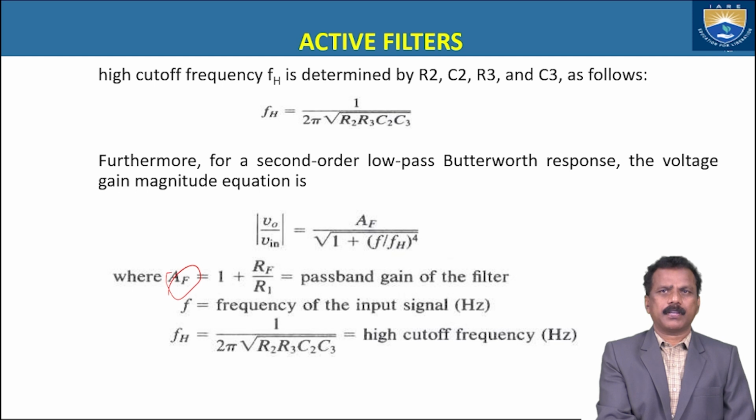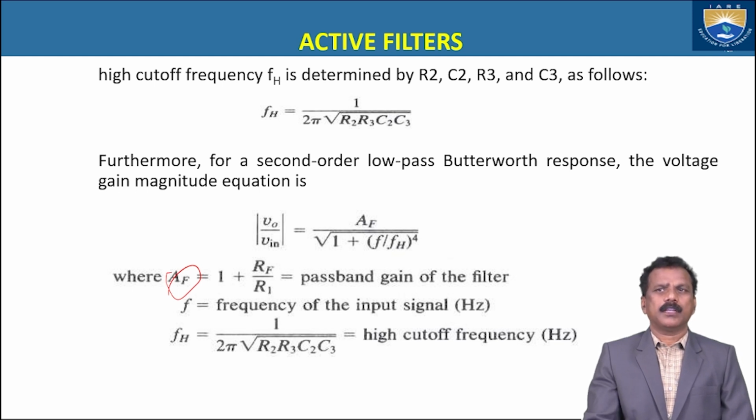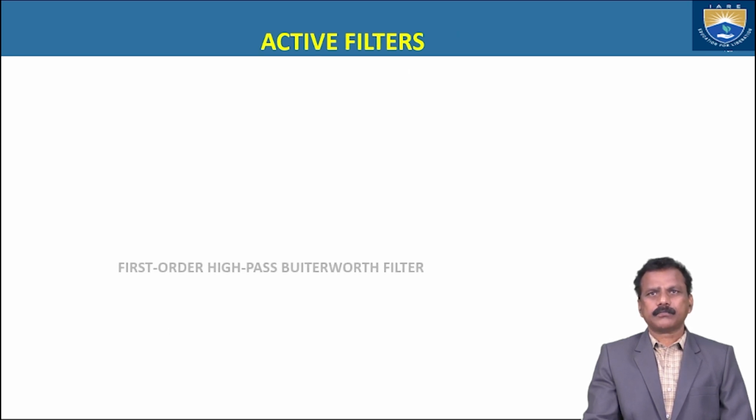Here F is the frequency of the input signal, and FH is equal to 1 by 2 pi square root of R2 R3 C2 C3, the high cutoff frequency.